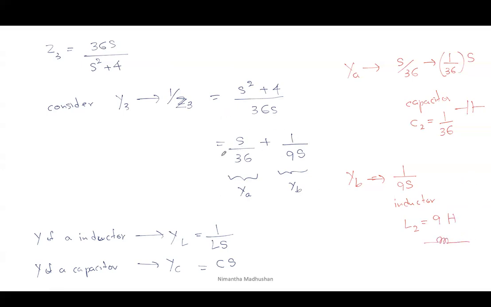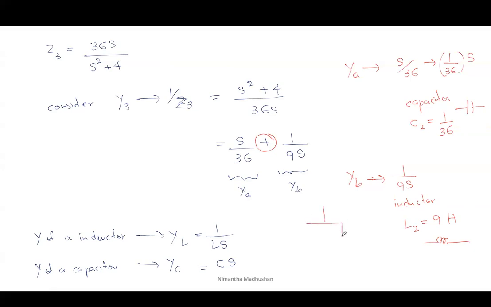And the combination of these two components is the total admittance, that means Y3. The combination is mentioned with a plus mark. In admittance values, the plus mark means it has a parallel connection.